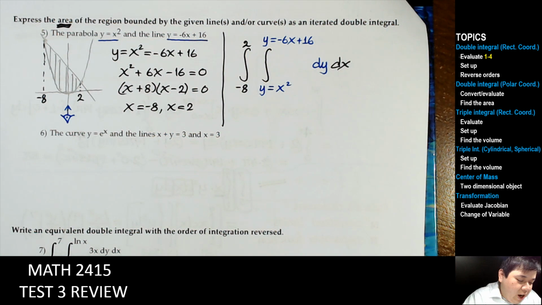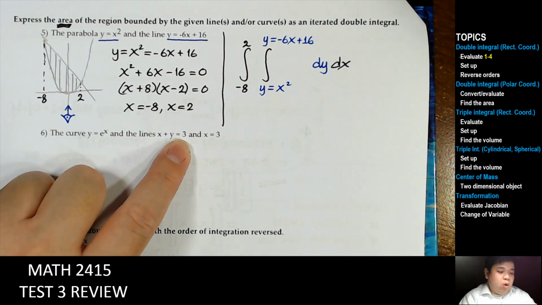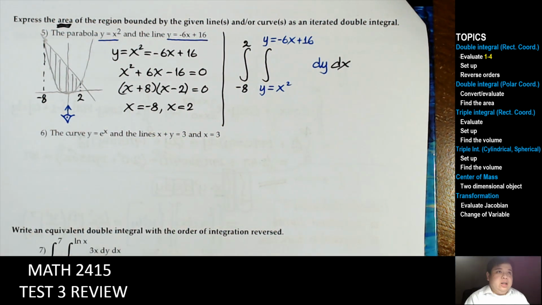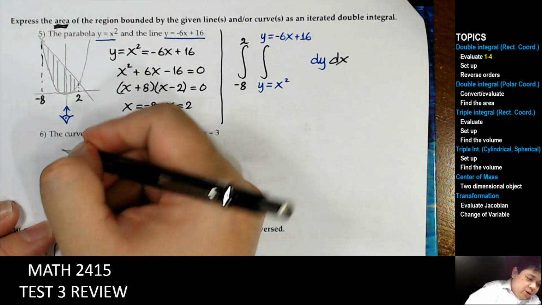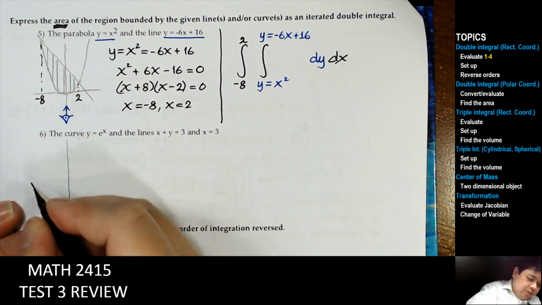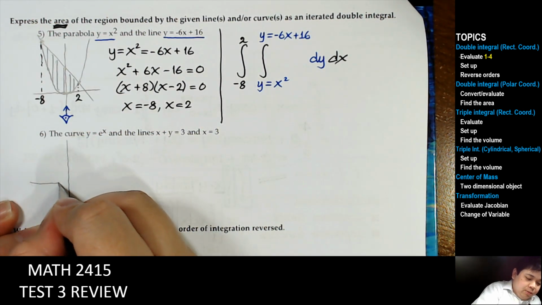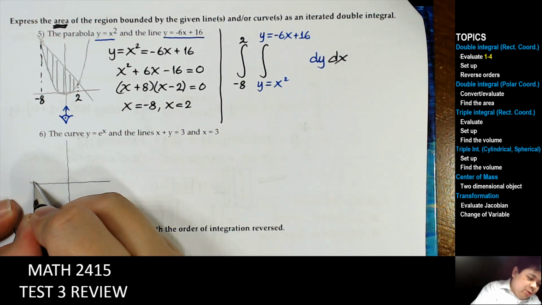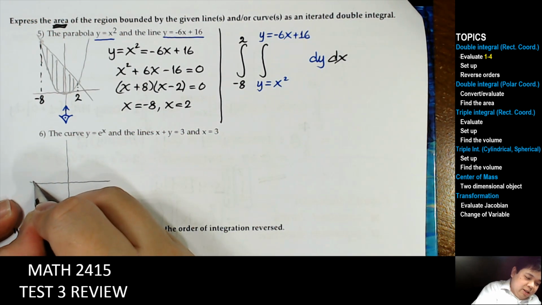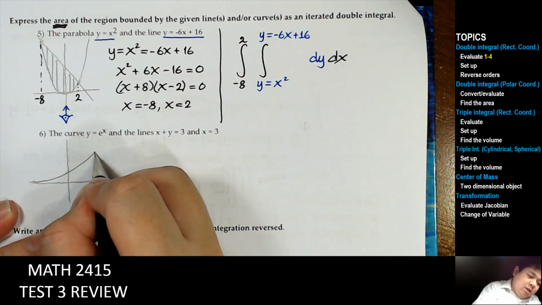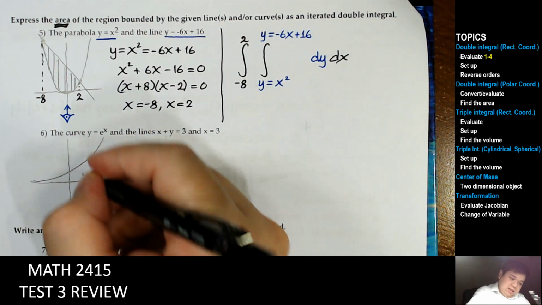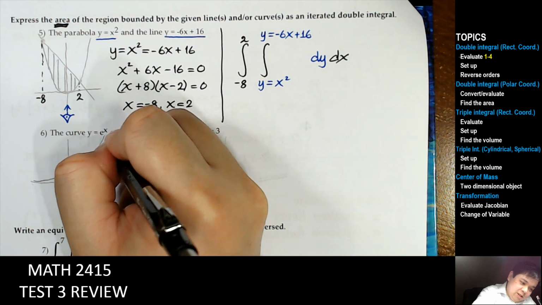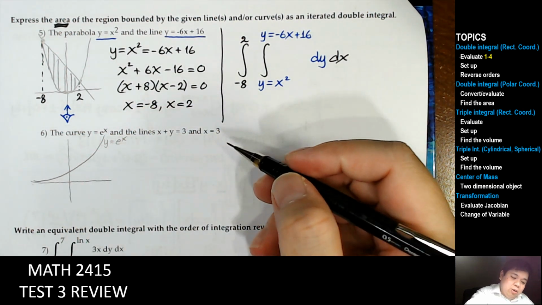Next we have e to the x, x plus y equal to 3, and x equal to 3. So let's just try to sketch. Because e to the x is only positive, we don't have to worry about the negative x-axis. So this is e to the x. x equal to 3.